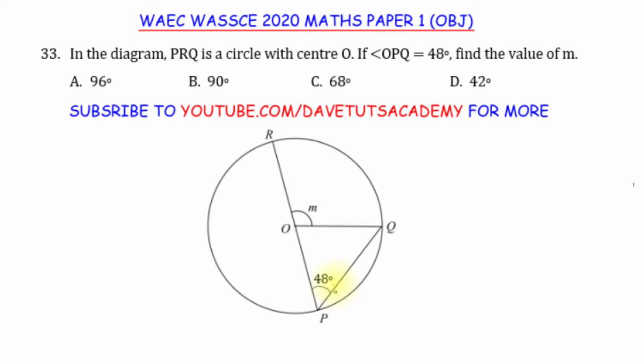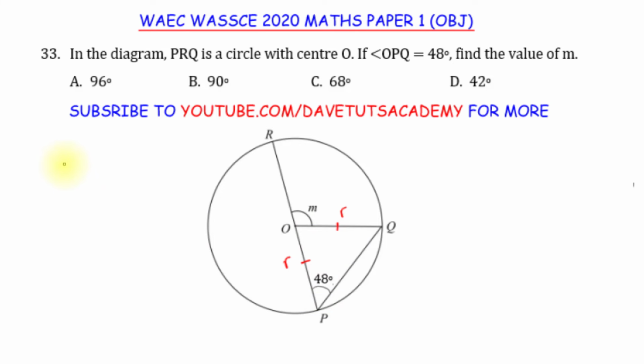Now looking at this, we will identify that this OQ and this OP both constitute the radius of this particular triangle OPQ. Because they are both radii, we can see that they are forming an isosceles triangle.